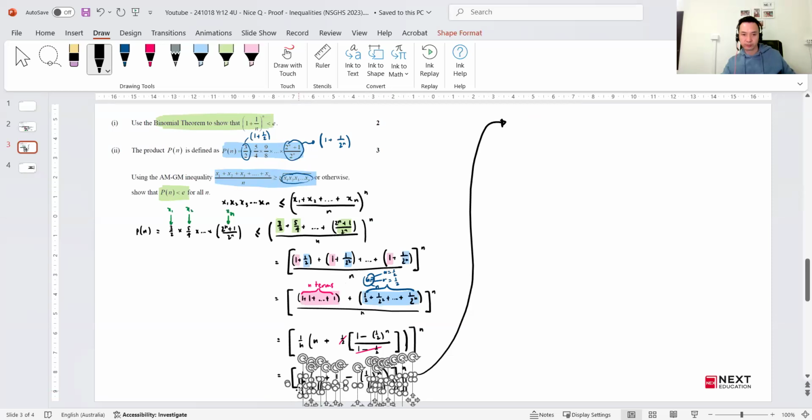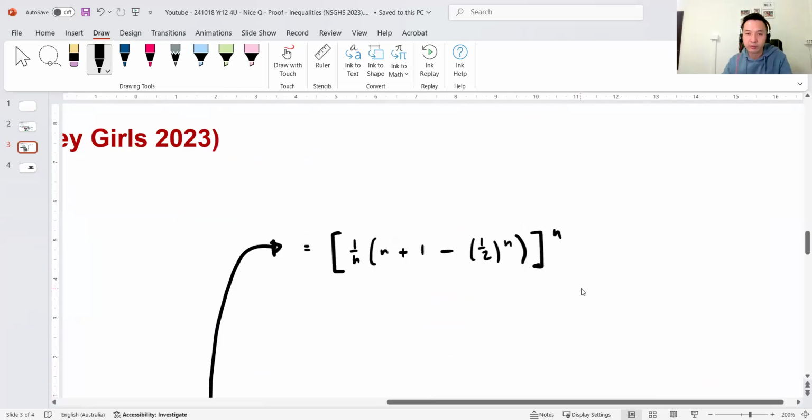Just gonna move it up here. Now, how can I clean this up? I'm gonna maybe expand that, because when I expand, I get 1 plus 1 on n minus 1 on n to the power of n.